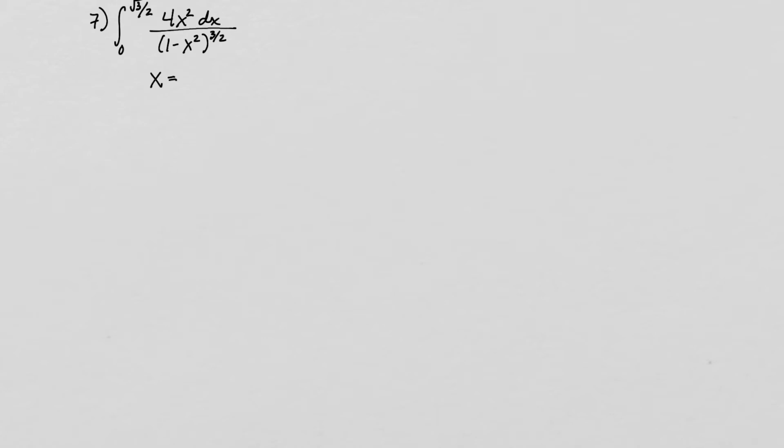So x is just going to be equal to a sine theta. In this case, a is 1, so it's just going to be the sine of theta, which means that dx is just going to be cosine theta d theta.